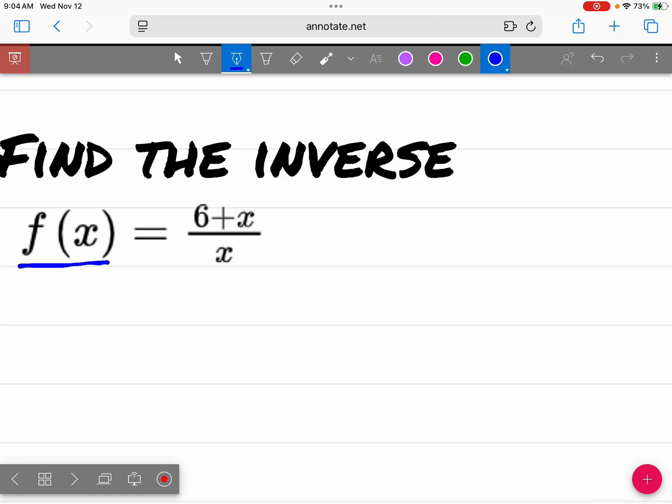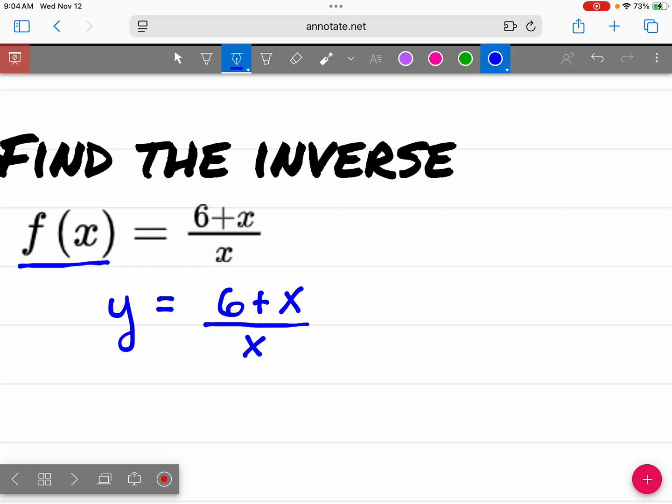It is really hard to do this if you keep this in function notation. Not saying it's not possible, but it is super duper extra challenge mode for no reason. So switch your f of x out to be a y. It makes it so much easier. I promise. Please do.